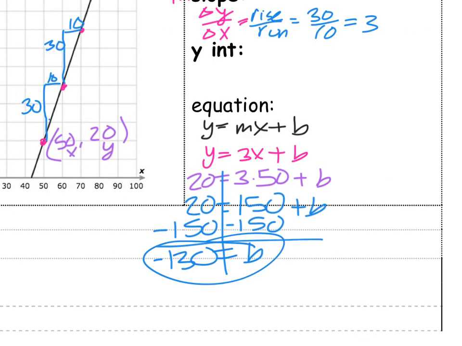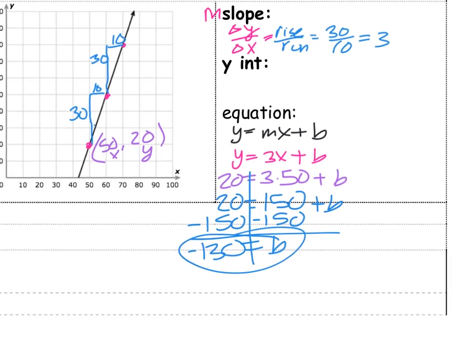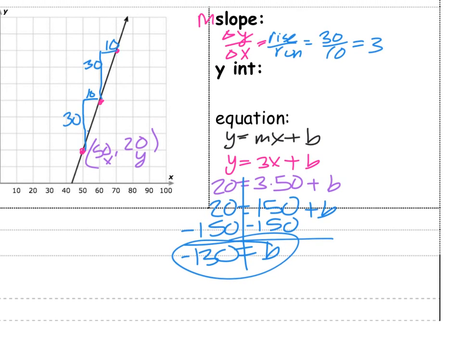Alright, so b is equal to negative 130. That was because 3 times 50 is 150, and then I had to get the b by itself. So I subtracted 150 to move it over, and then I got negative 130. So our y-intercept, the b, is negative 130.